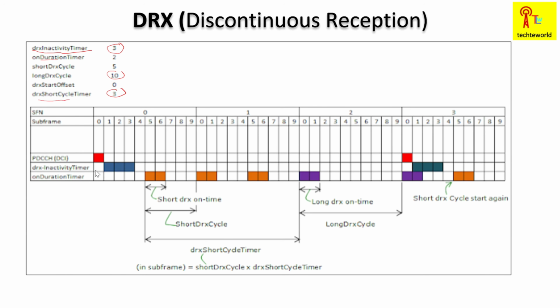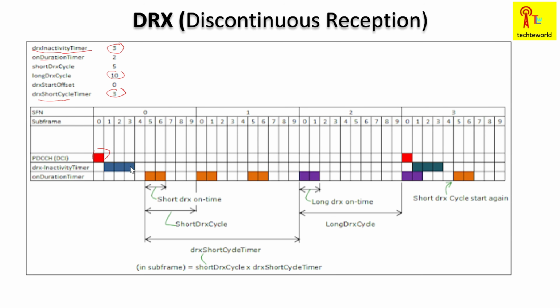In the first subframe only it has received some data. Once it has received data, for the next 3 instants the DRX inactivity timer will be on, because the inactivity timer is of 3 millisecond, and then the inactivity timer will be off.